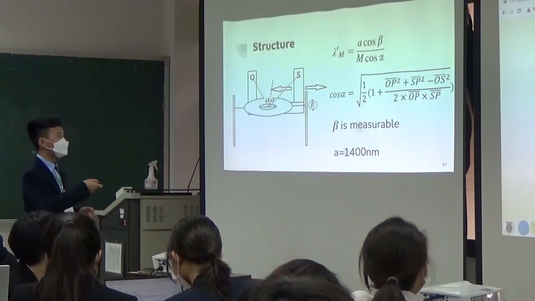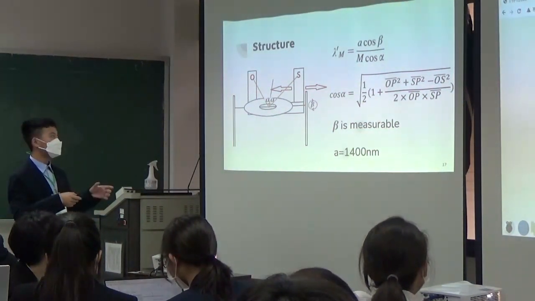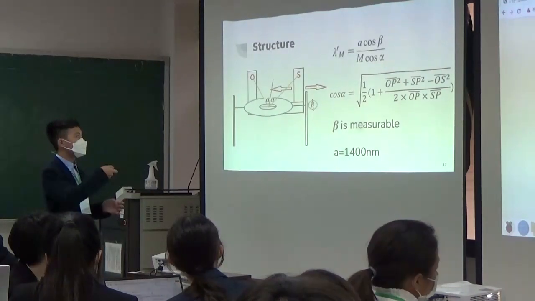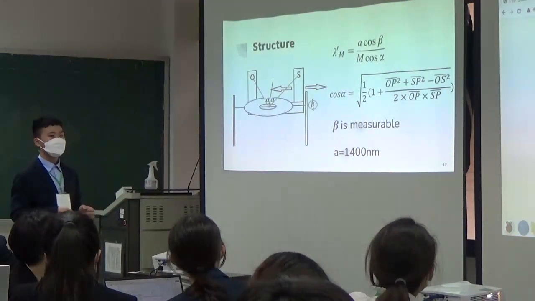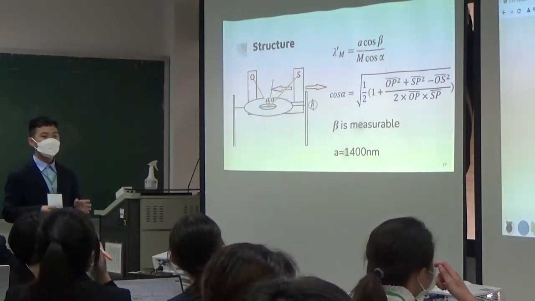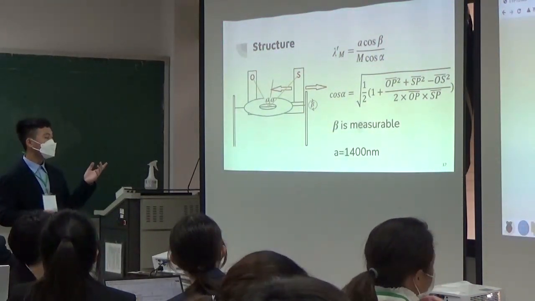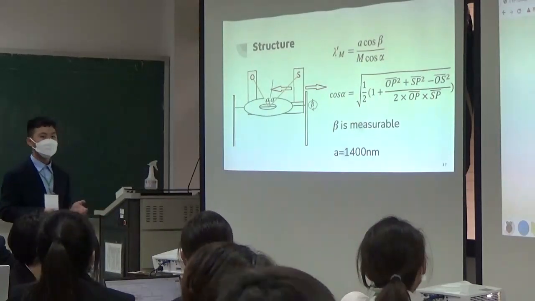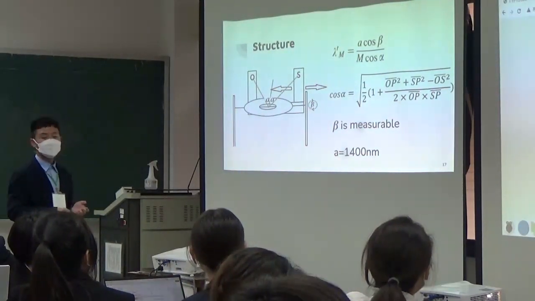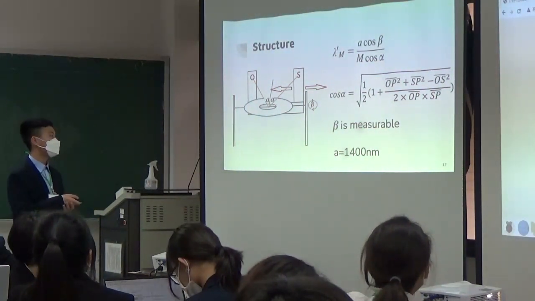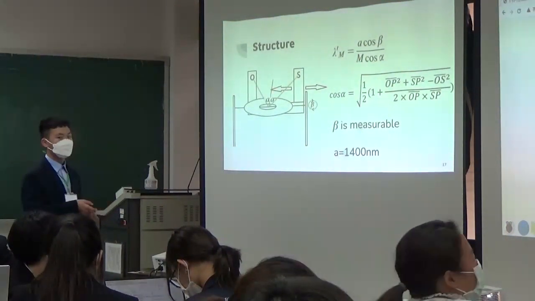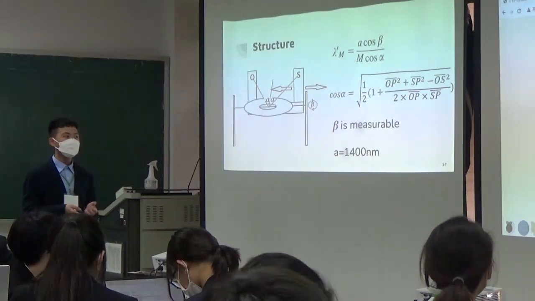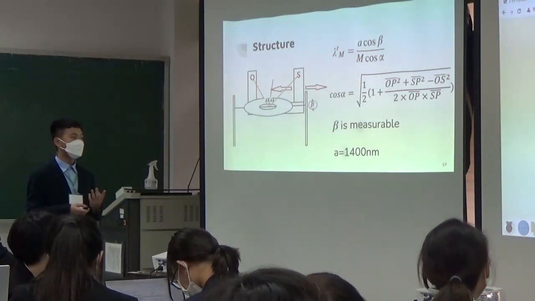We measure the distance between each point, and beta is measurable by calculating the angles. And a is just a constant; for the DVD we use, it is 1,400 nanometers.